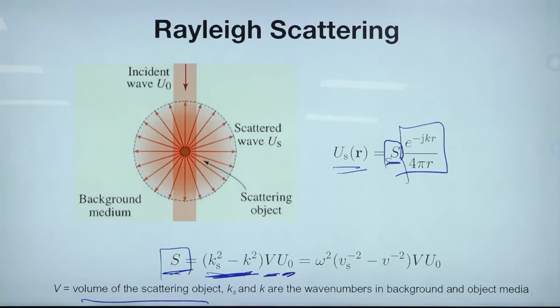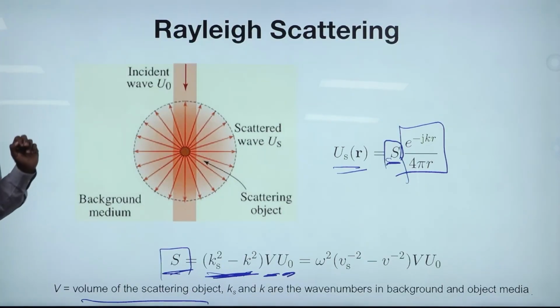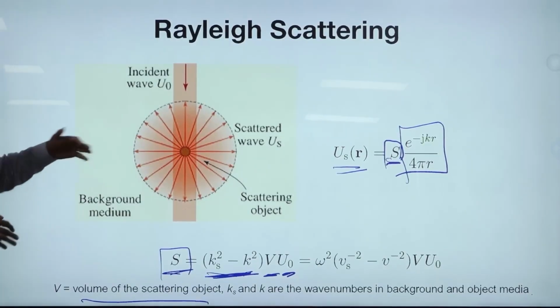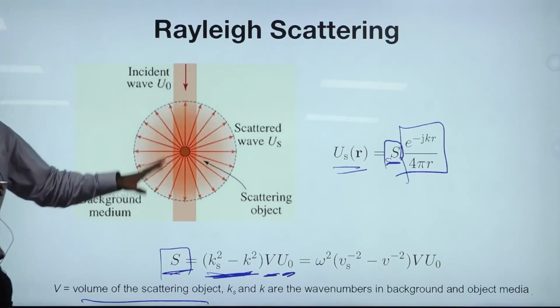If, say, the refractive index of the particle is the same as the refractive index of the background, then Ks square minus K square becomes zero, and therefore there is no scattering. When does scattering happen? When there is a difference in refractive index between the particle and its surroundings.